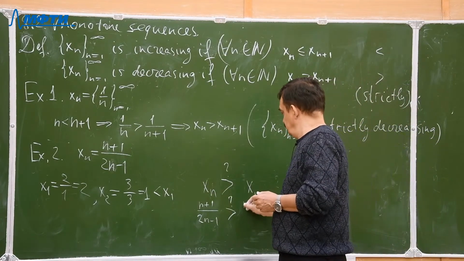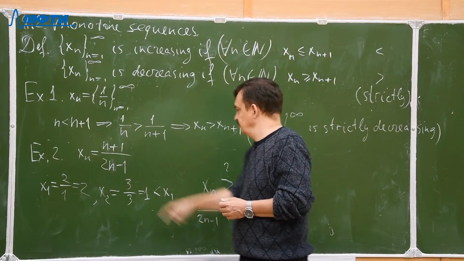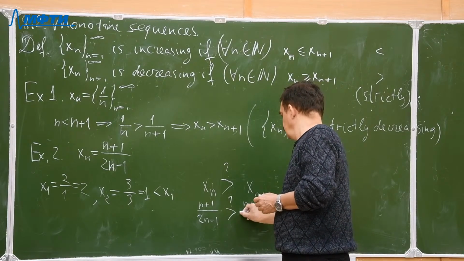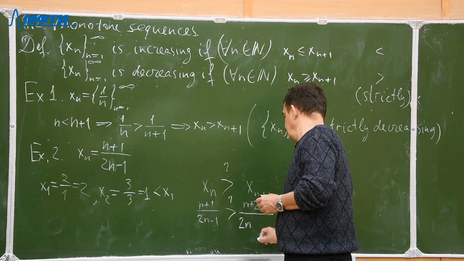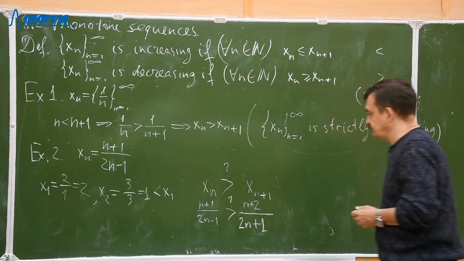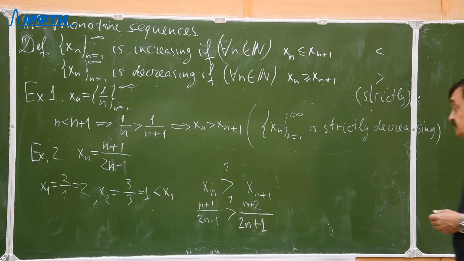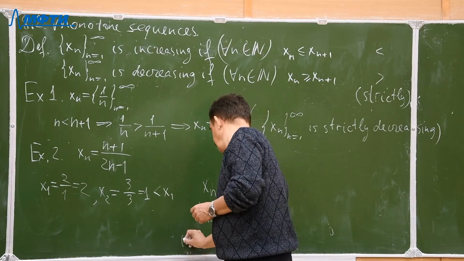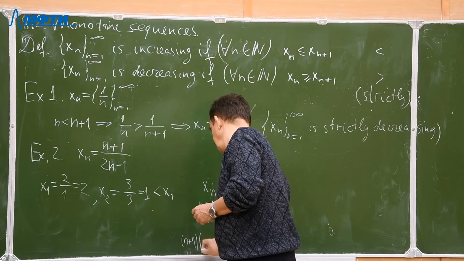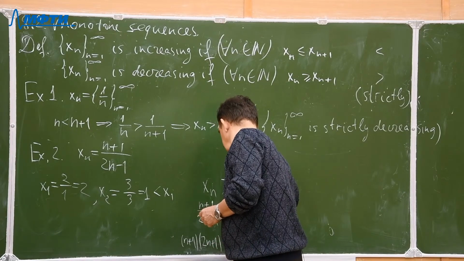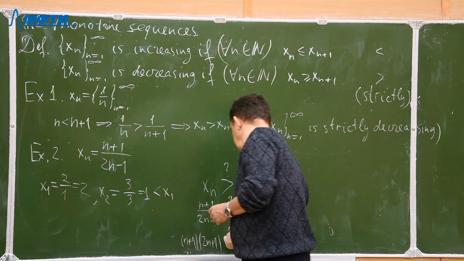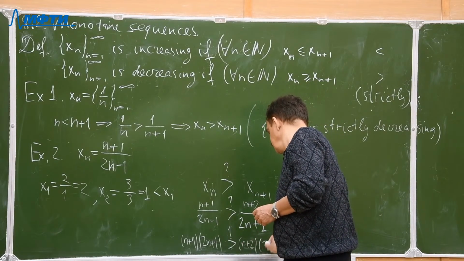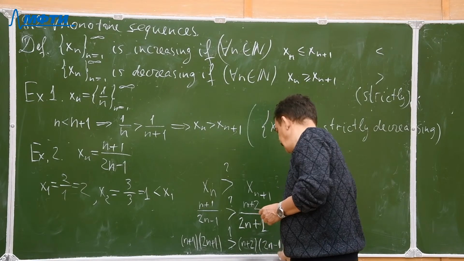So if I substitute here n plus 1 instead of n, we have n plus 2 over 2n plus 1, and that is equivalent to, by properties, n plus 1 times 2n plus 1 compared with n plus 2 times 2n minus 1.